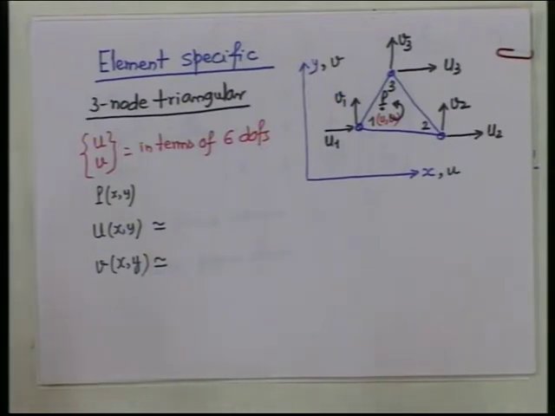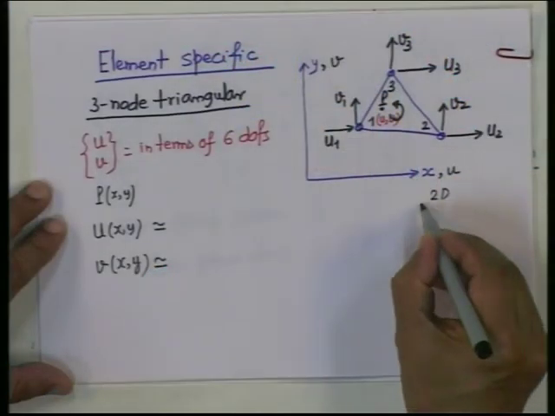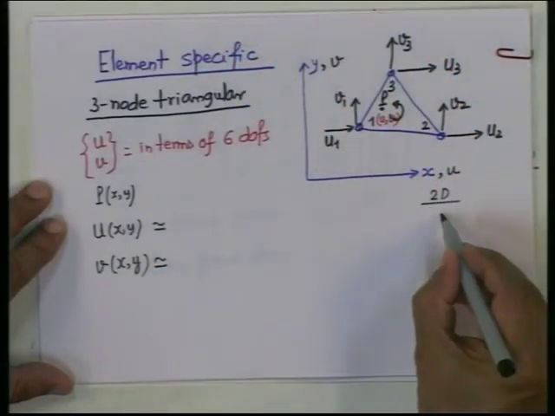How do you generate a two-dimensional function? For a one-dimensional polynomial we saw the first term is x to the power of 0, a constant, then linear x, then x square, x cube, and so on. In two dimensions, how do you create a polynomial?